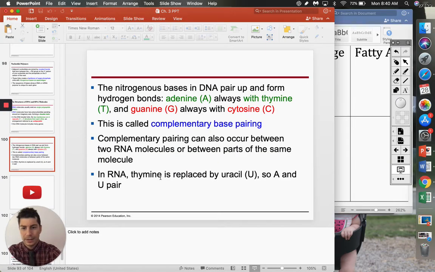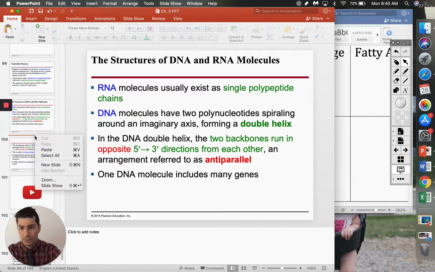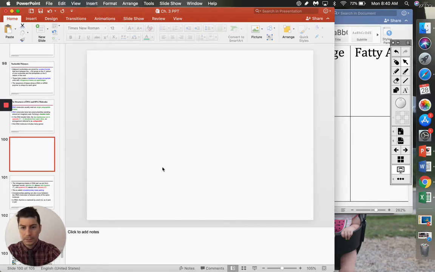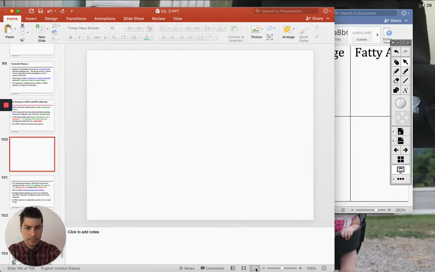So let me draw that real quick here. All right, I'm only going to draw a few guys because this will take a little bit of time, and I don't want to go too crazy here, and I'm not an artist. So here's our phosphate group.